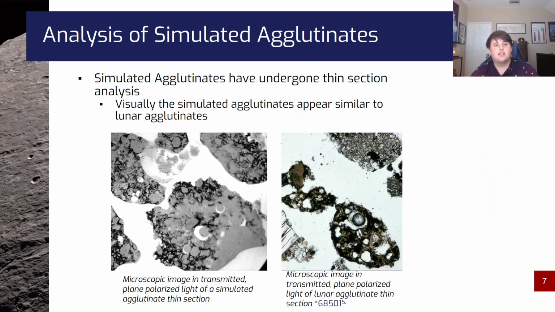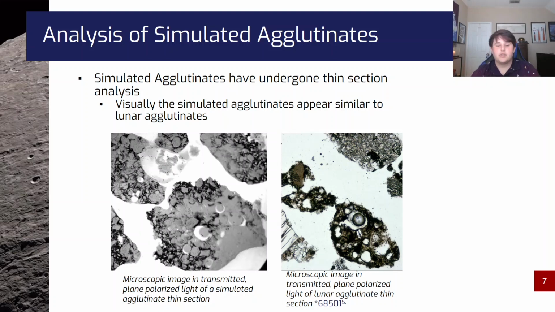So, some analysis of the simulated agglutinates. The simulated agglutinates have already undergone thin section analysis, and visually the simulated agglutinates appear to be similar to lunar agglutinates, which is a great sign for the preliminary research. On the left-hand side here, you can see a simulated agglutinate thin section put through transmitted plane polarized light.